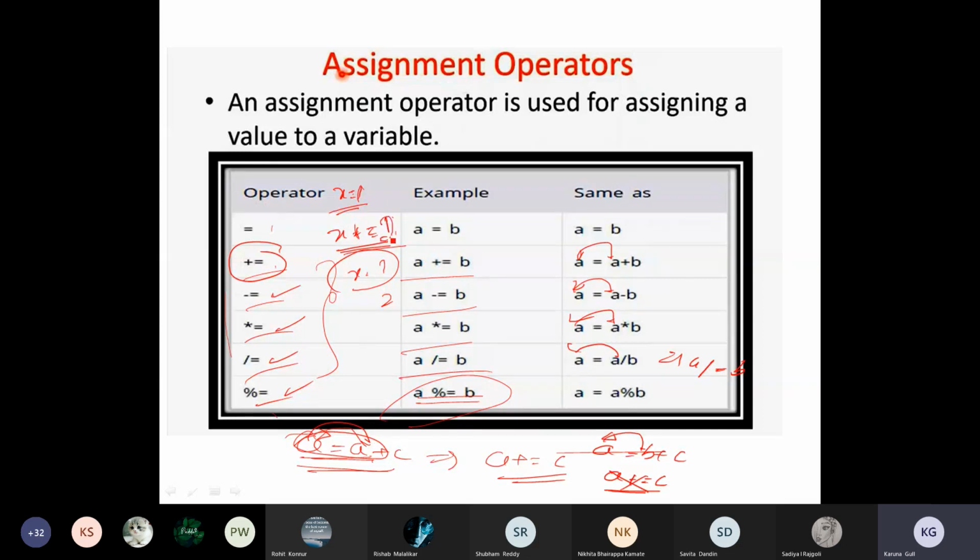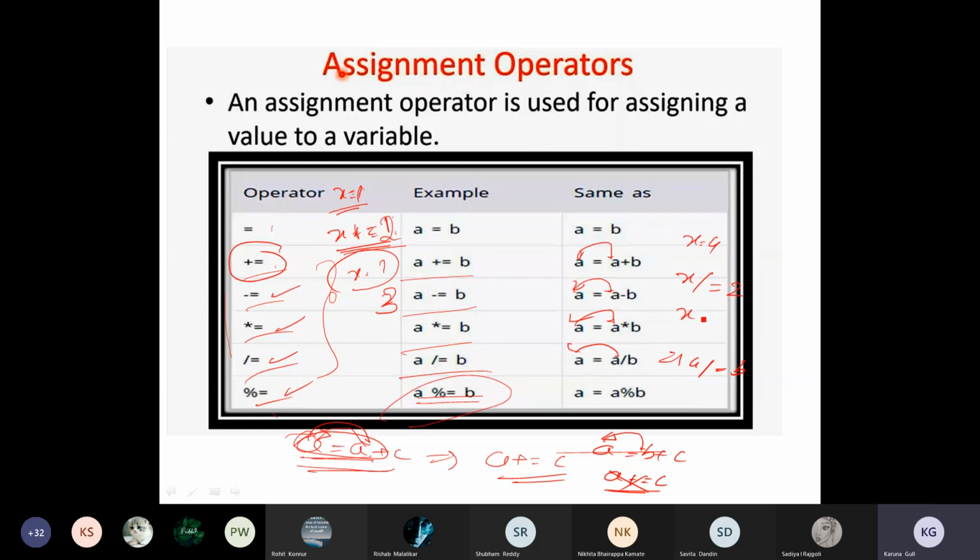So instead of this, if I write this as 2, what is the value of x? 3. Is that okay to everybody? Yes, ma'am. Okay. Now if I take one more example, x is equal to 4. Then I'll write x slash equal to 2.